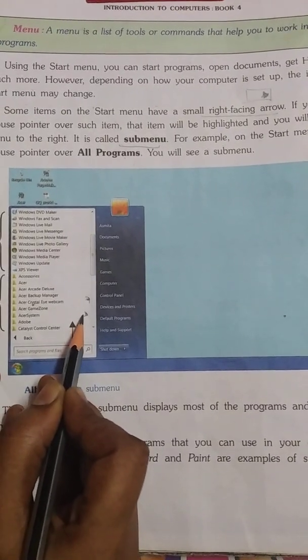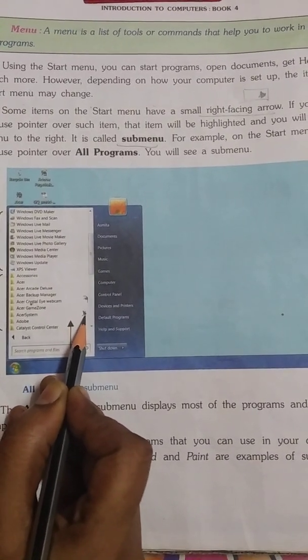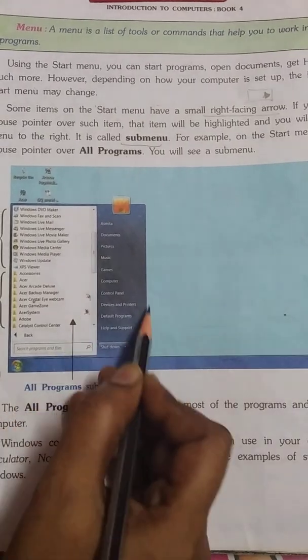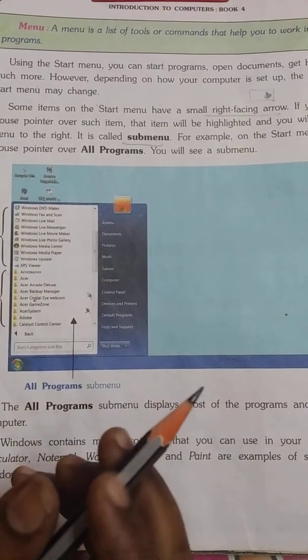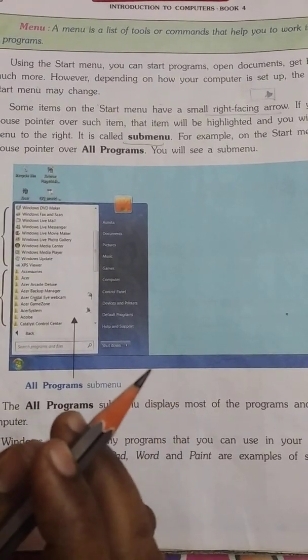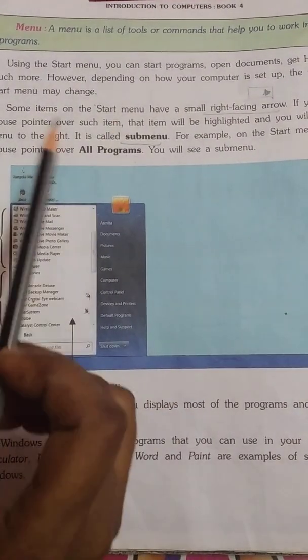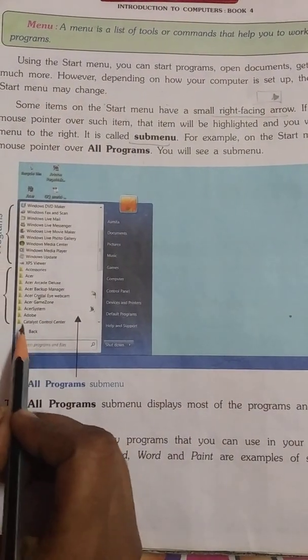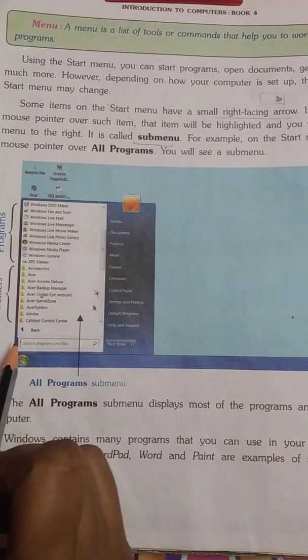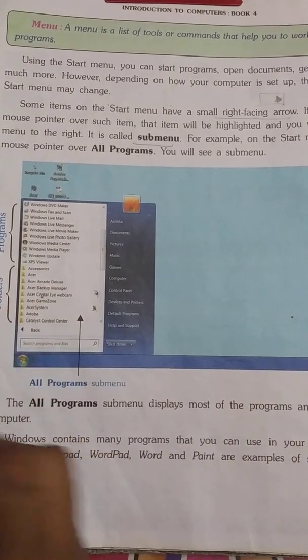So when you click on that, it will show one more menu. Okay, so this is called submenu. When you click on that particular program, it will show the list of submenus.